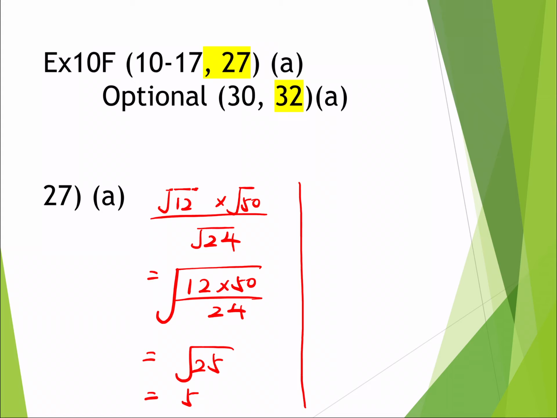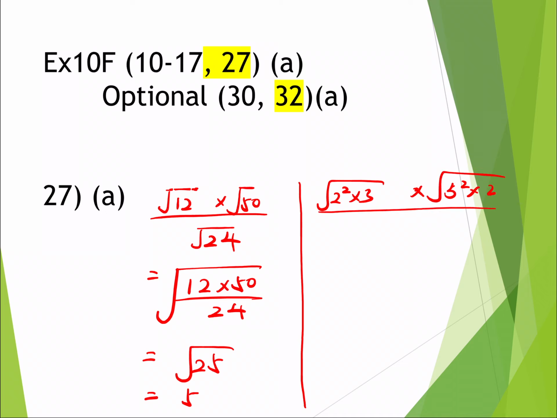Square root 12 is equal to square root 4 times 3, that is 2 squared times 3. And then 50, we can divide it by 25, so 25 times 2, that is 5 squared times 2.